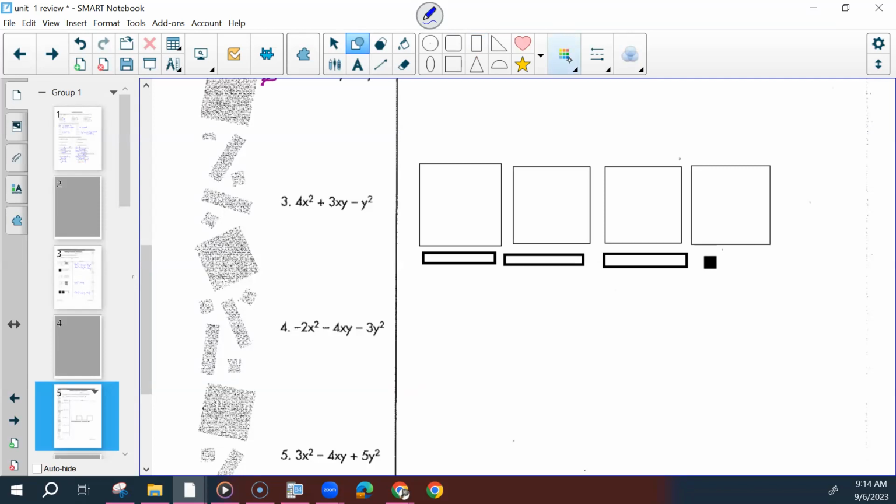Any others? So this is strictly modeling, but if we were simplifying using that. Any others on this page we want to see and go over?